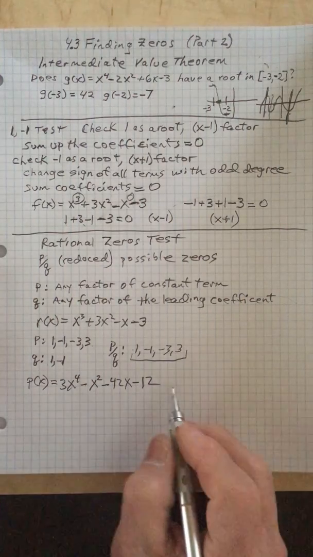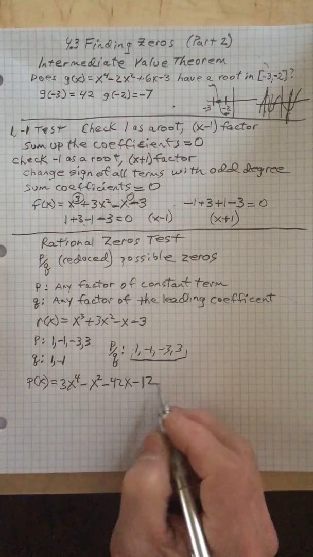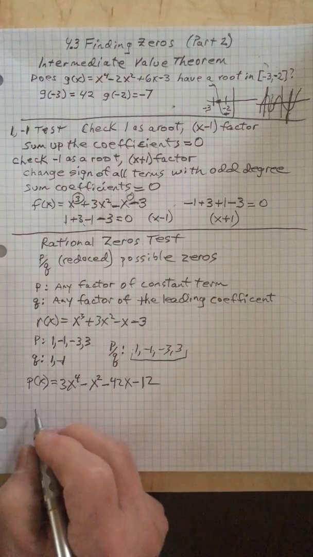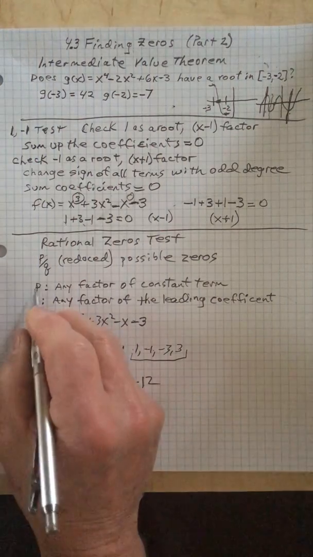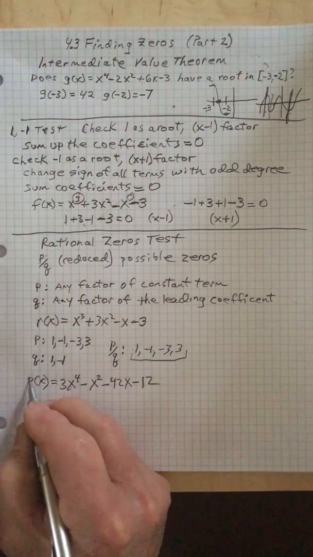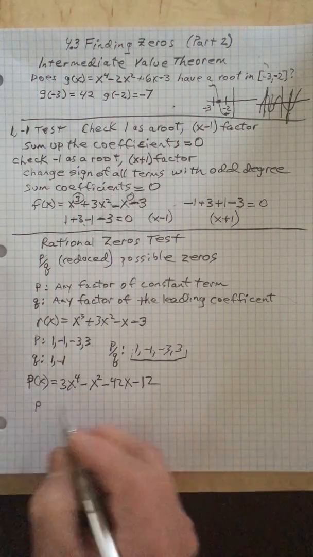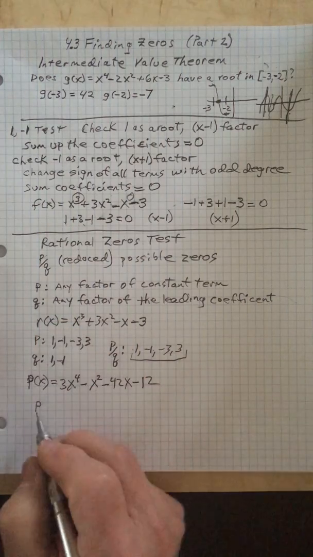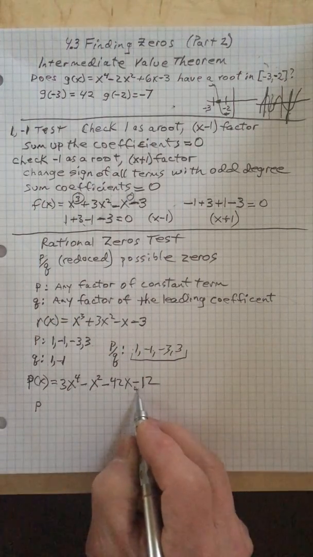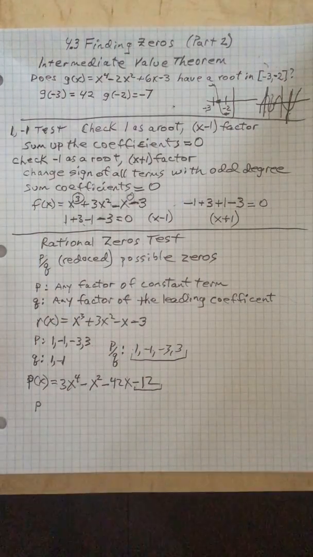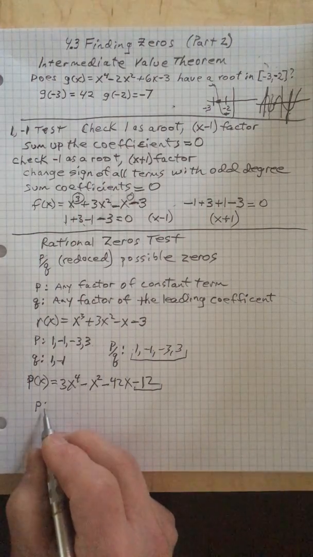As you can see, what's going to happen here is there's a lot of factors for p, and that's going to be the problem. Don't get that p and q confused with p, the name of the function. The letter p that we're going to use are factors of the constant. Here's the problem.